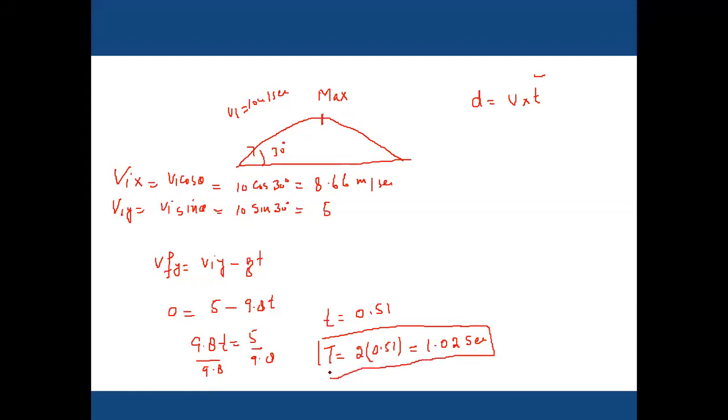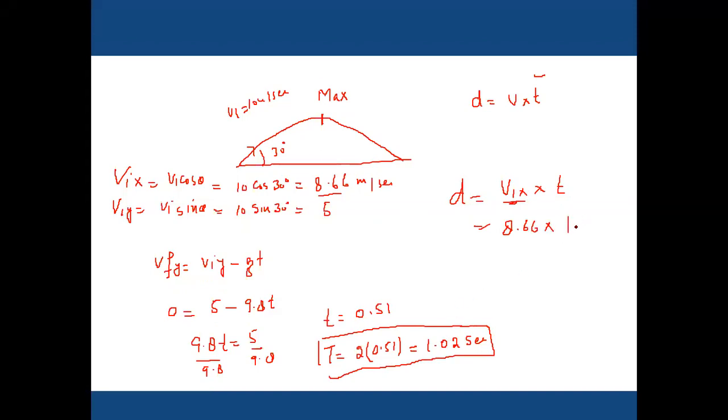Now, how to find the horizontal distance with the help of the formula? Horizontal distance is equal to Vix multiplied by time. We know the horizontal velocity component is equal to 8.66, multiplied by time.